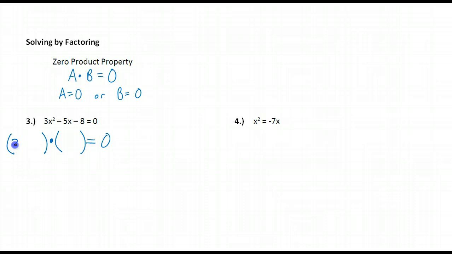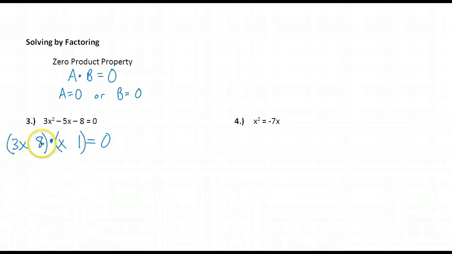Two things that multiply together to give me 3x squared are 3x and x. And now I need to look at the factors of 8. And I want to get negative 5 for my middle term. I already have a 3 here, so if I pair that 3 with a 1, and I pair this 1 with an 8, I'm going to have 3 and 8.